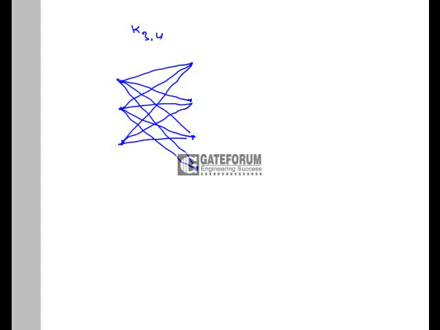So this is a graph. This is K3,4, a complete bipartite graph with 3 and 4 vertices. For this graph, it is given that x is the vertex covering number and y is the edge covering number.